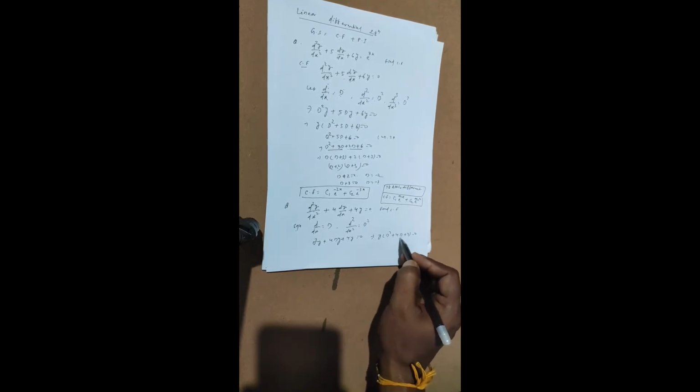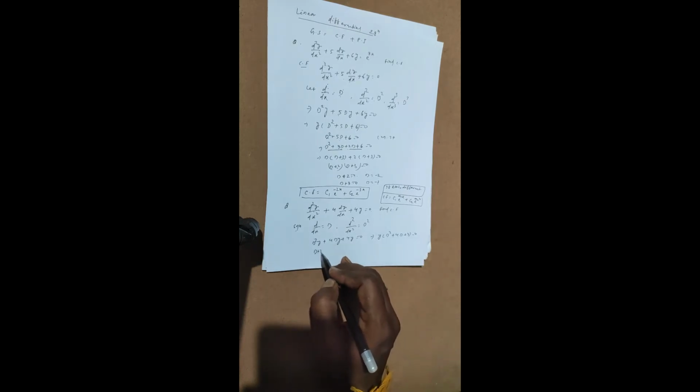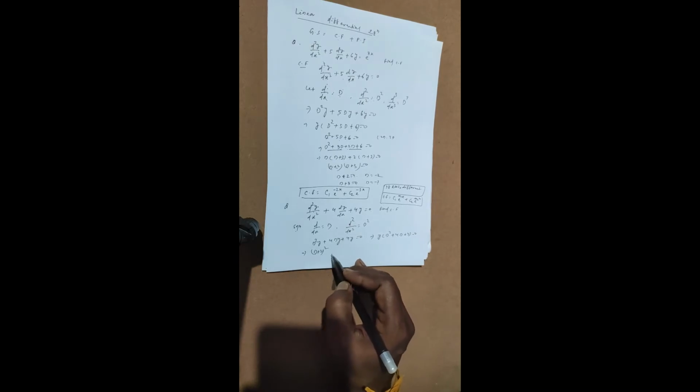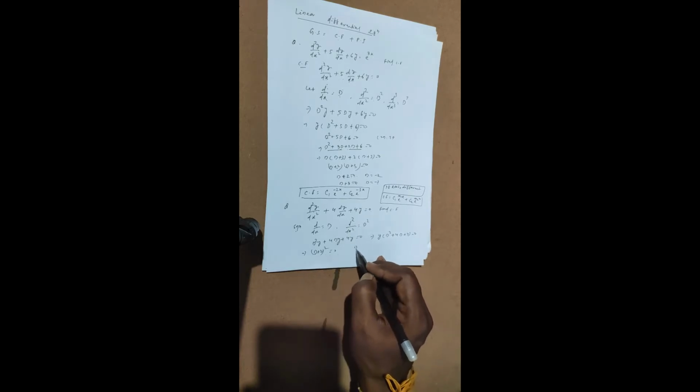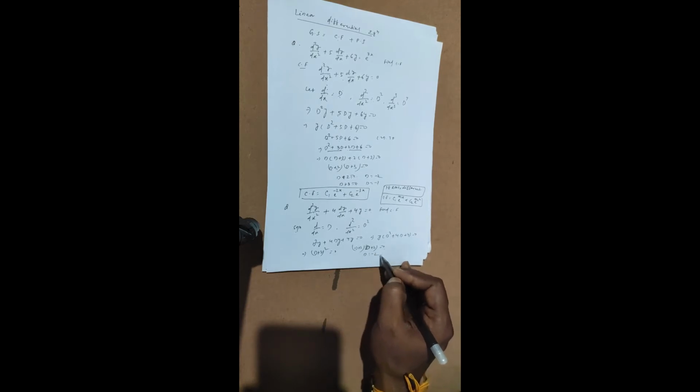This is a formula: (D plus 2) whole square. (a plus b) whole square means (a plus b) into (a plus b), that is (D plus 2) into (D plus 2) is equal to 0. D plus 2 is equal to 0 means D is equal to minus 2, and again D is equal to minus 2.